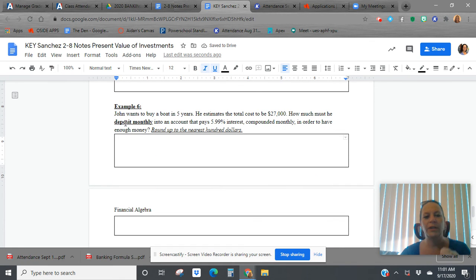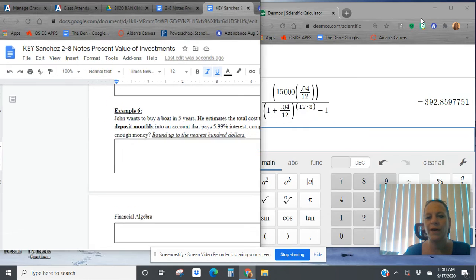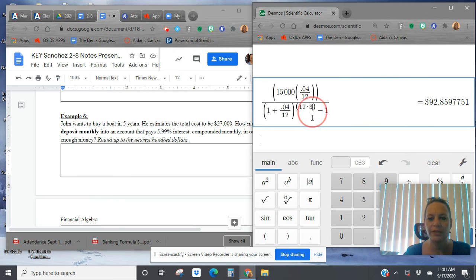All right, last one. John wants to buy a boat in 5 years. He estimates the total cost to be $27,000. How much must he deposit monthly into an account that pays 5.9% interest in order to have enough money? And so this one's going to be 5 years instead of 3 years, and a rate of 5.99%. He's trying to have $27,000.